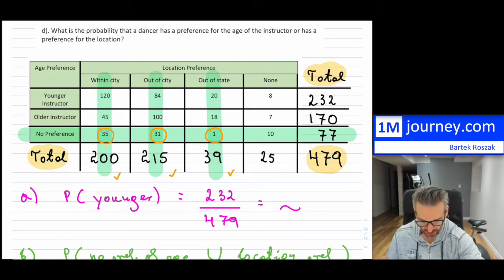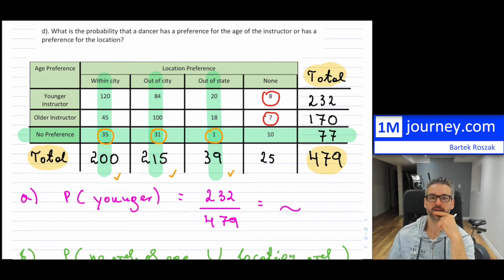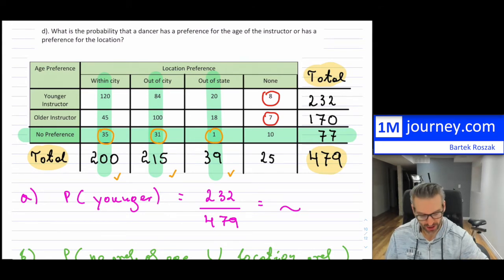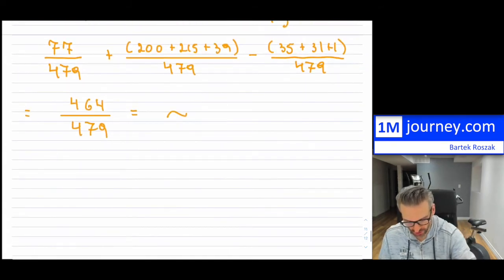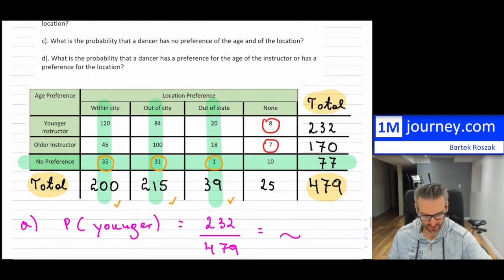Here, I'm going to highlight this for you. Notice the only thing you didn't highlight was this and this. Everything else you highlighted. So you can do it by complements, which basically means 1 minus, so this is 479. This one and this one are the ones you wouldn't count, but everything else you would count.